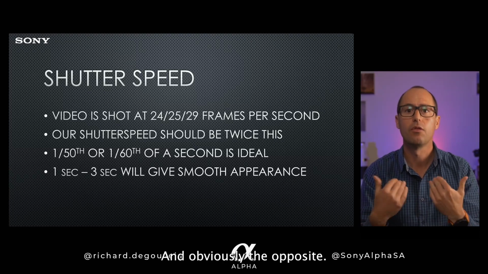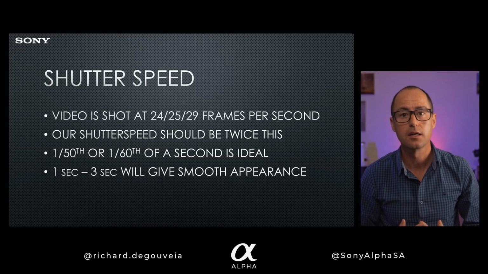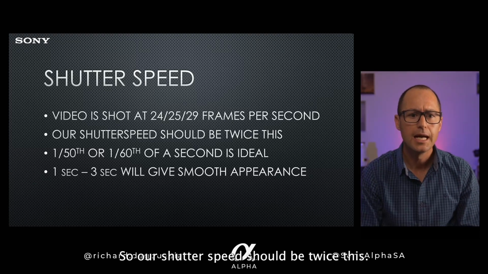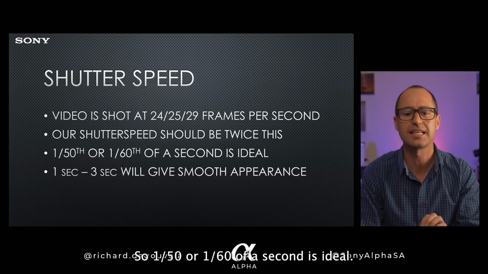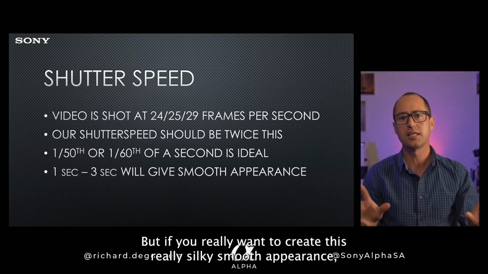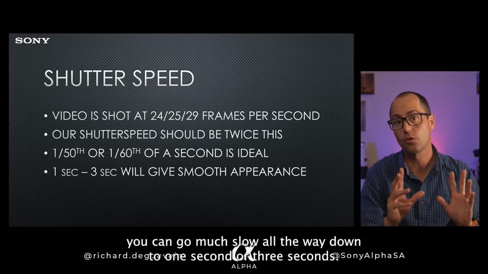And obviously the opposite, and what we're doing here, the slower your frame rate, the faster we can move things through. So our shutter speed should be twice this. So 1/50th or 1/60th of a second is ideal. But if you really want to create this really silky, smooth appearance, you can go much slower, all the way down to 1 second or 3 seconds.